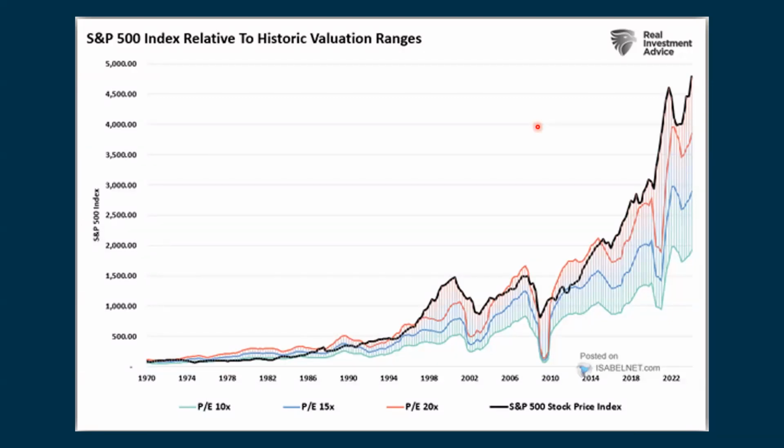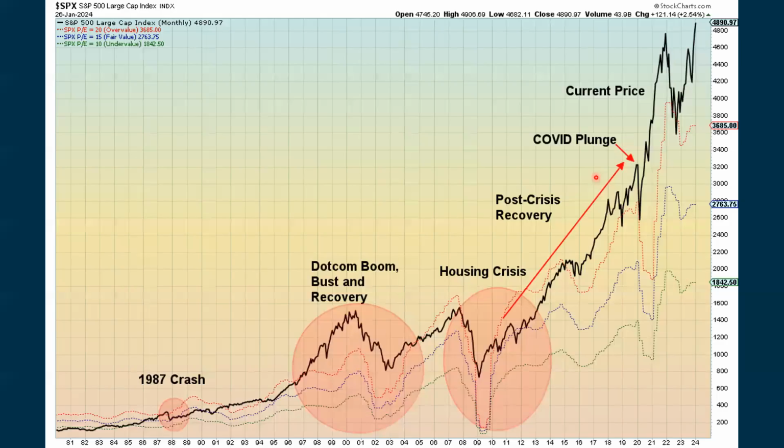This is a chart put out recently by Real Investment Advice. The black line is the S&P on top. Then we have the PE ratio of 20, 15, and then 10. This is also confirming what we're seeing in the previous chart. We can also look at this in the context of different events that have happened.